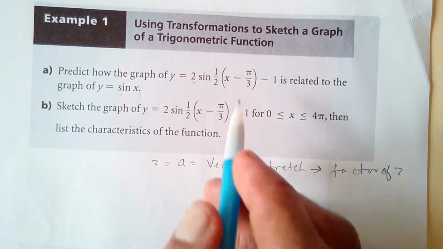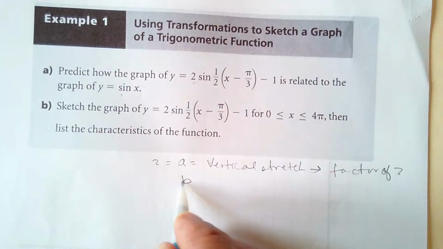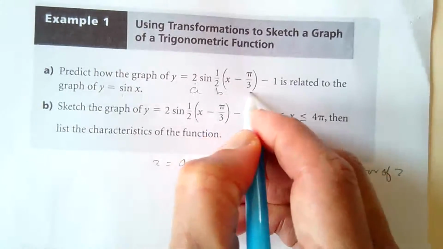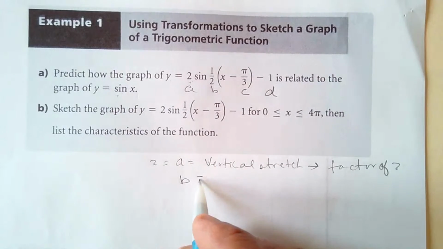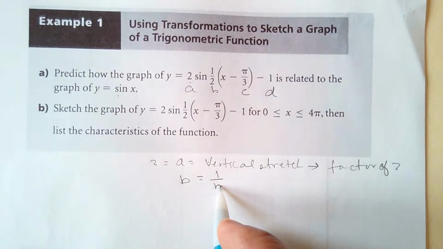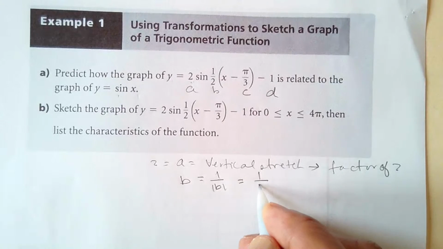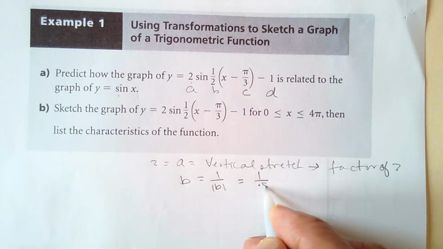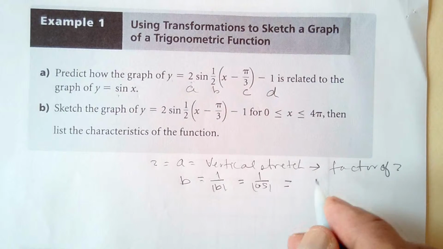Now the horizontal stretch, which is your B. This is your A, B, C, and D. Your horizontal stretch, remember, is 1 over the absolute value of B. So this is 1 over 0.5, which turns out to be 2, a factor of 2.